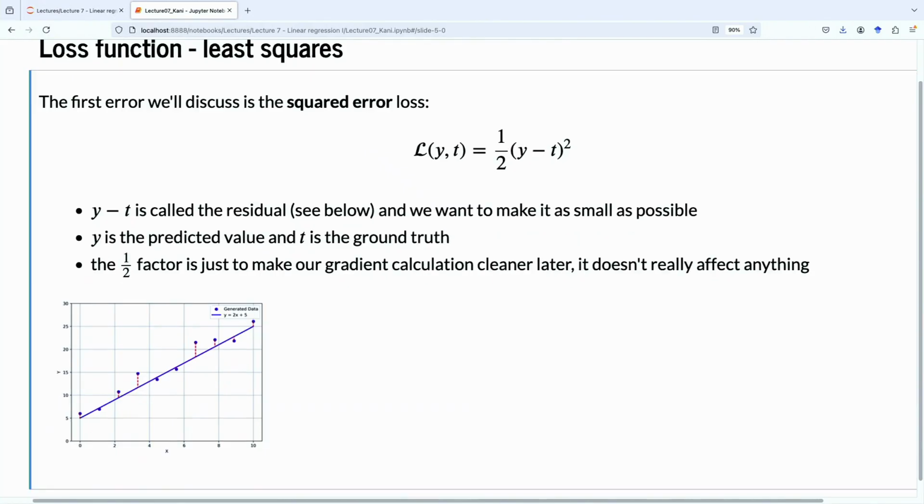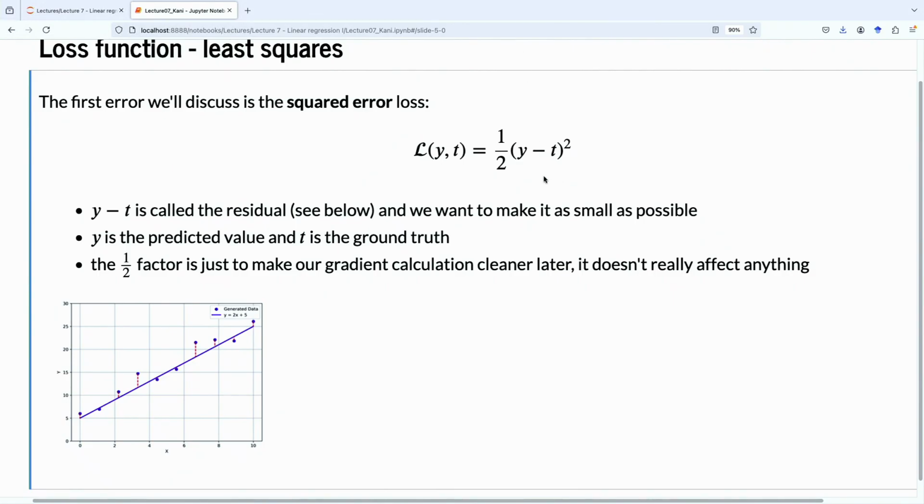And I'm including this 1/2 factor just because it'll make gradient calculations cleaner a bit later. If we take the derivative of the loss function, then this 2 comes down and cancels out with the 1/2, instead of having a floating 2 constant in all our gradients. That makes our calculations nicer and cleaner. But it doesn't really affect anything.